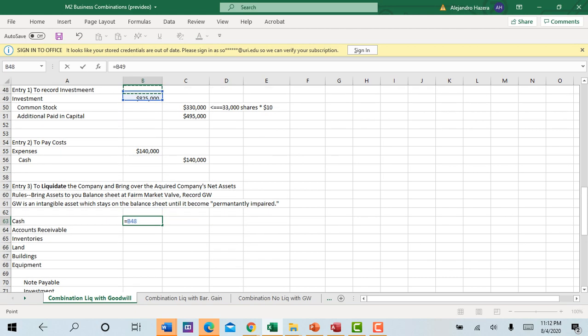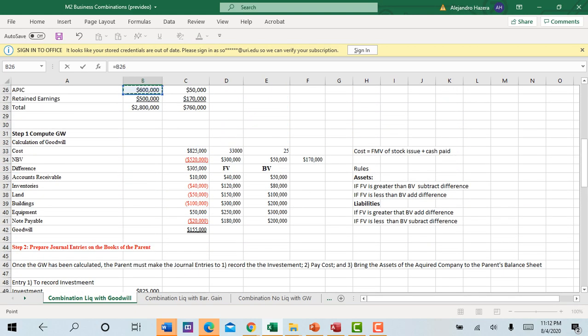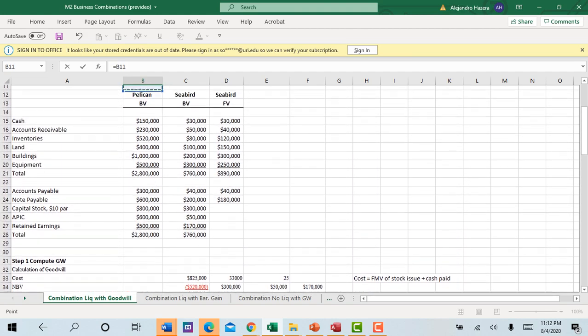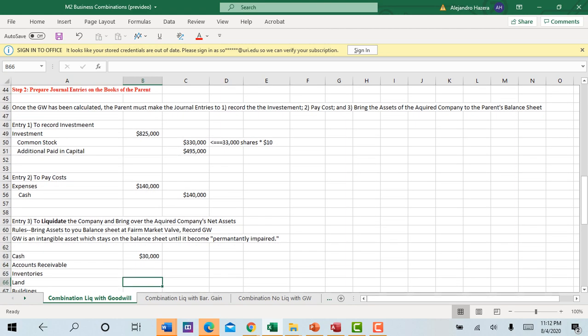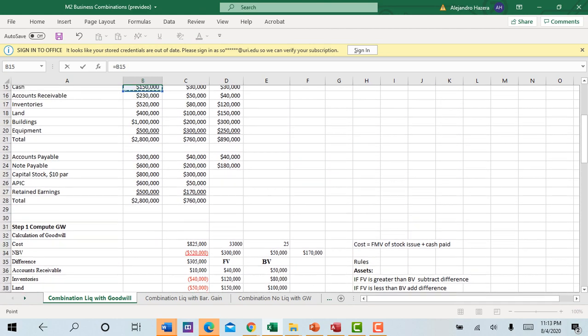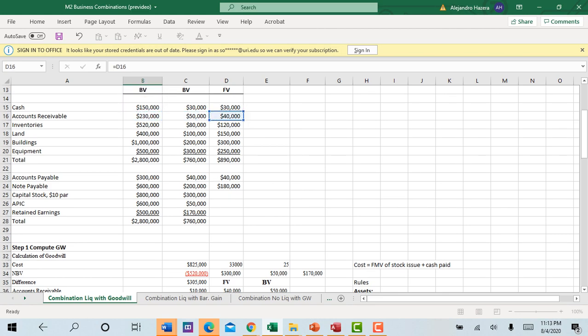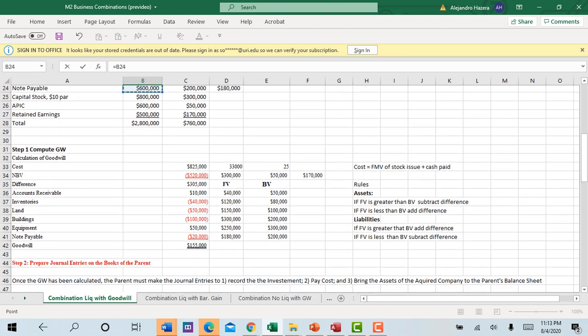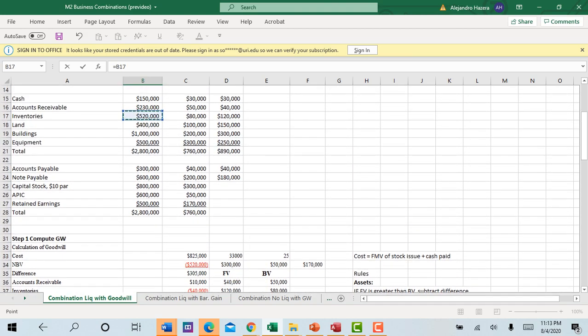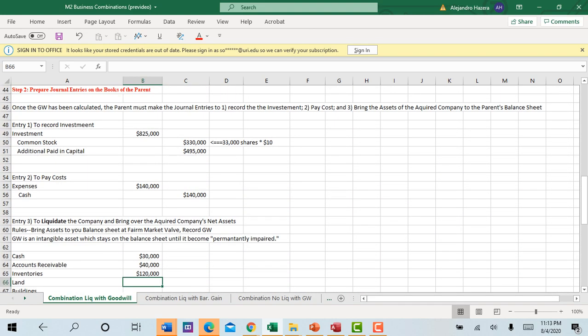So let's go ahead and bring over all these assets and liabilities, and the one liability, at their fair market values. Okay, so cash has a fair market value of 30. Accounts receivable has a fair market value of 40. Inventories has a fair market value of 120.